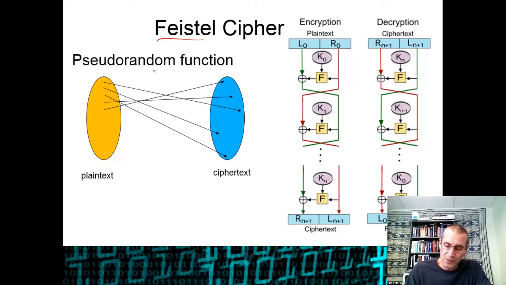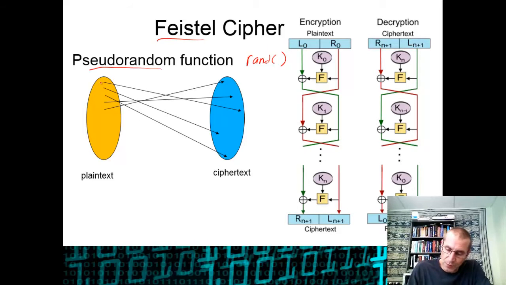But first I'm going to define what is called a pseudo-random function. And we've looked at pseudo-random functions before. In fact, the rand function that we have called before is a pseudo-random function. So more generally, a pseudo-random function takes some set of information, and now we can think of it in terms of cryptology, some plain text, and then converts it into something that's ciphertext that you would never be able to guess the location.